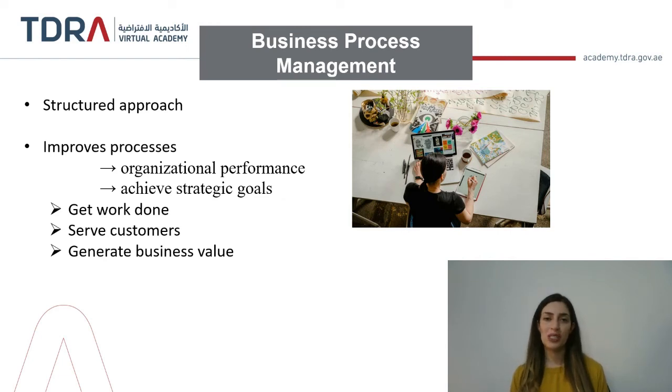Business process management is a structured approach. It's systematic and structured, with very clear steps to be done, and we'll check them now one by one. It improves processes on an ongoing basis, as things are changing and we want to change as well.